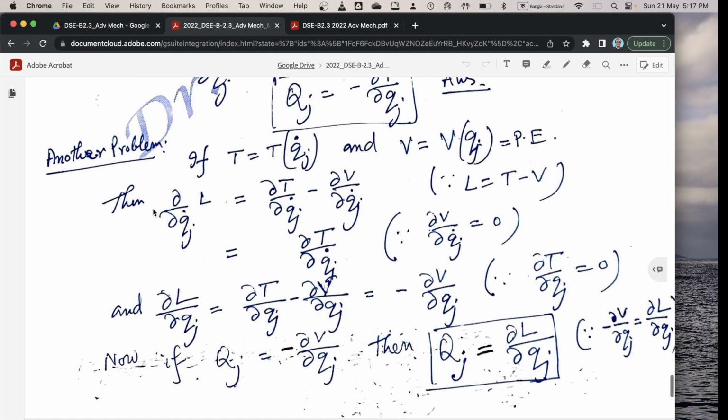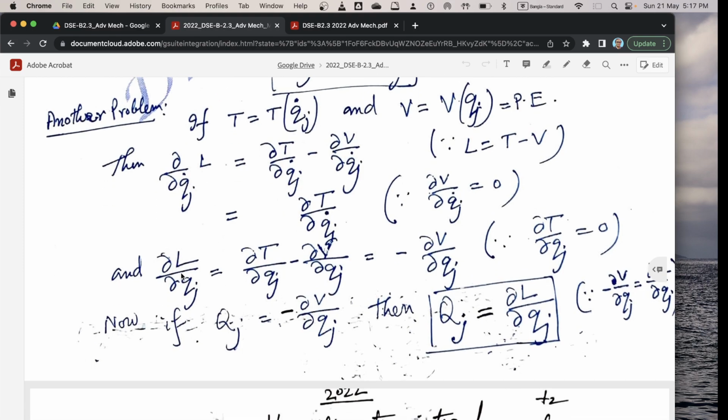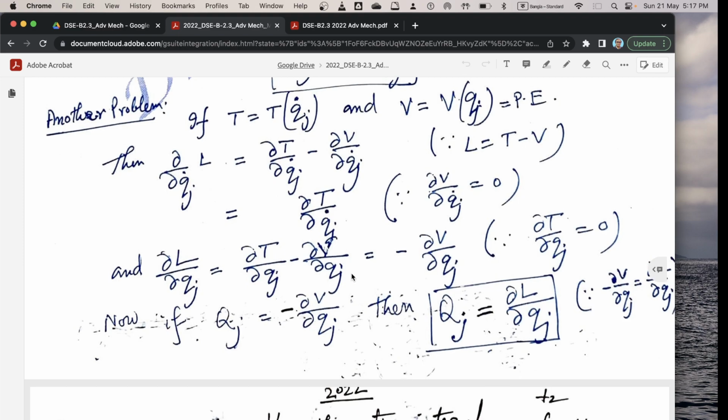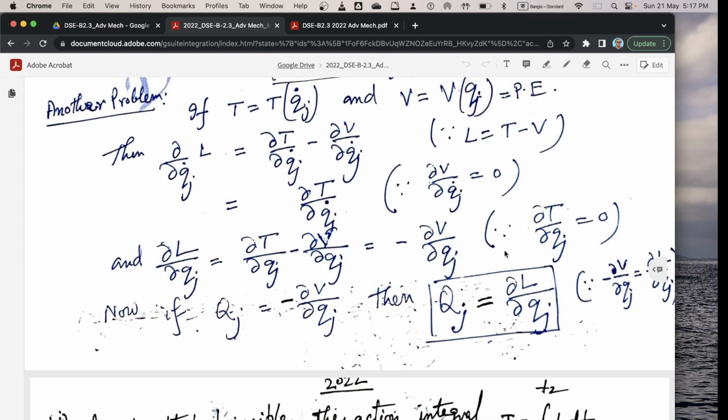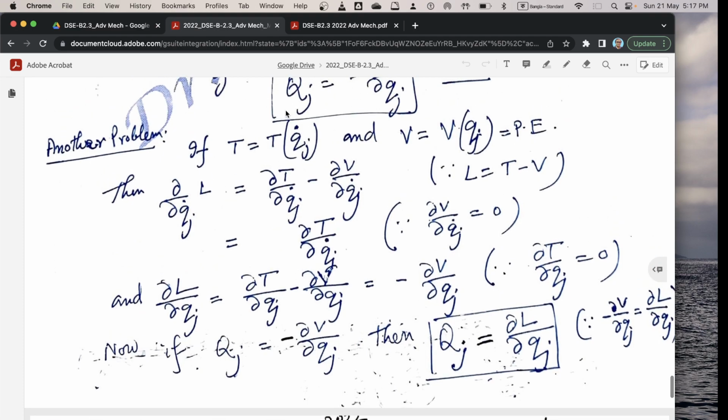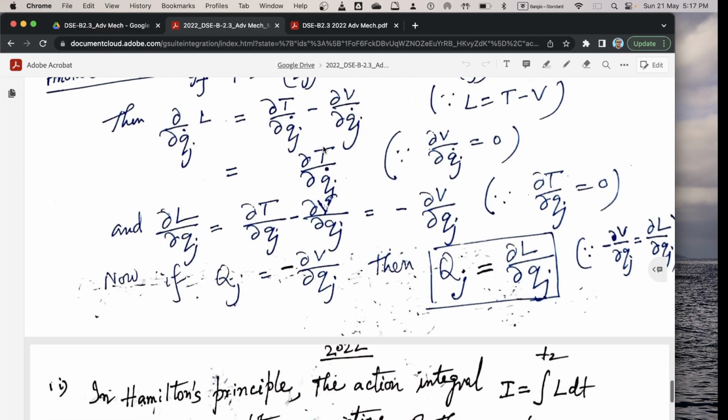So del L by del Qj dot equals del T by del Qj dot. Since del T by del Qj equals 0, because T is a function of Qj dot, not Qj, this term is 0.